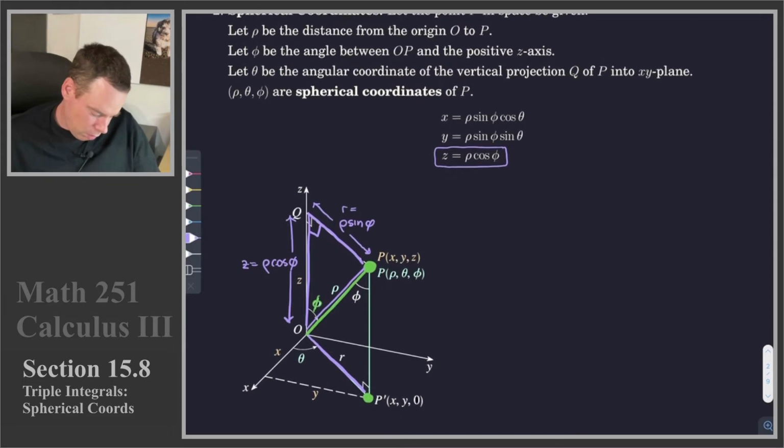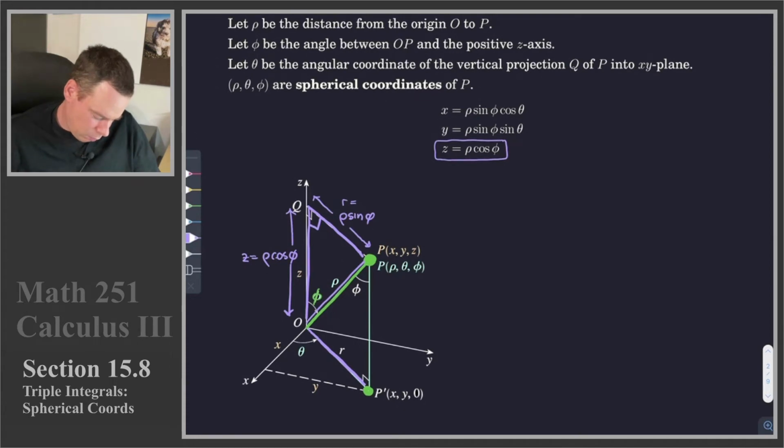So if that's our r value and we have our theta value, then what is y? y is equal to r sine theta, but r is rho sine phi, and then that's times sine theta. Whereas what is x? x is equal to r cos theta, and r is rho sine phi, so x is rho sine phi cos theta.